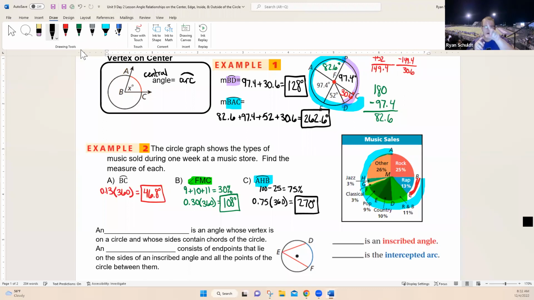And then you would draw an angle that has 46.8 degrees within your circle. And that would be your wedge for rap. If you knew rock was 25%, 0.25 times 360, that gets you 90. So your rock one has to be a right angle. You would draw that, and you would just keep going around the circle until it's all filled. But anyways, I digress.